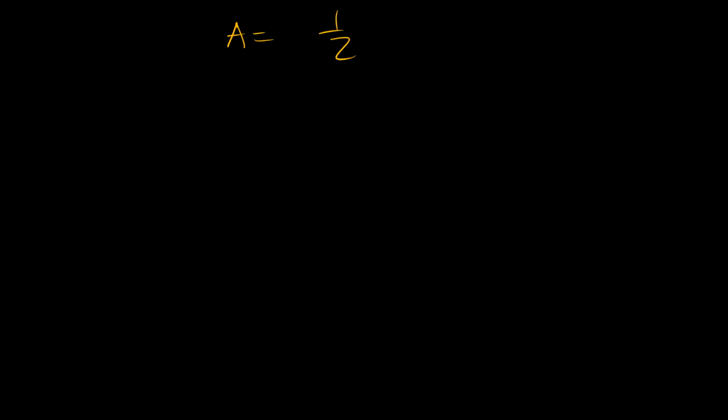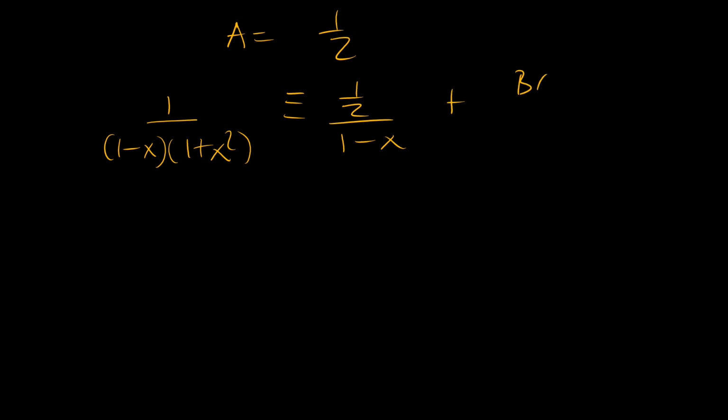Then, since we still have 1 over 1 minus x, 1 plus x squared being equal to a half over 1 minus x plus bx plus c over 1 plus x squared, we can now multiply out all these denominators on both sides.